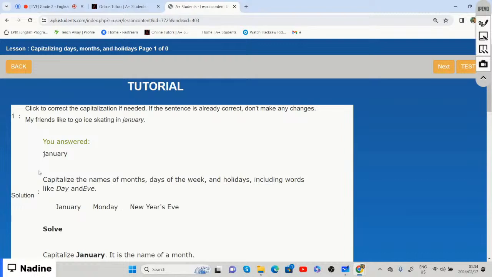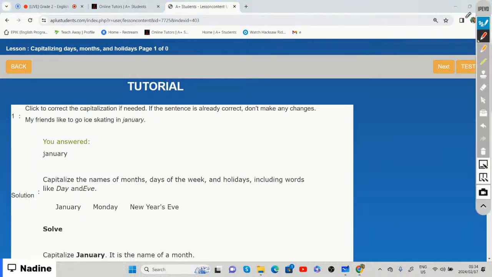So we write January with a capital letter J, right? Because January is a month of the year.